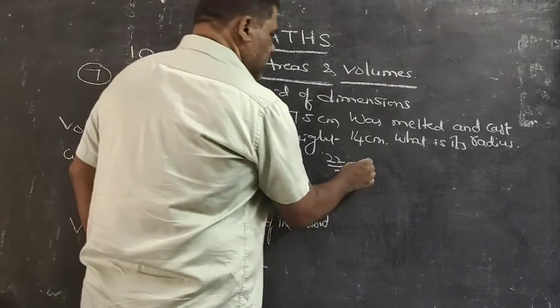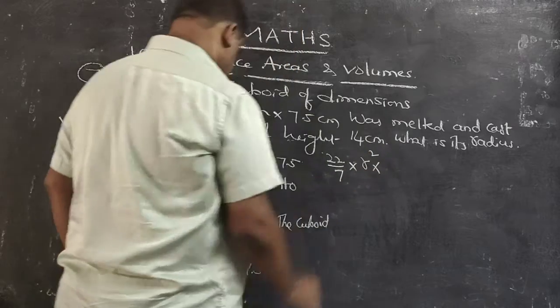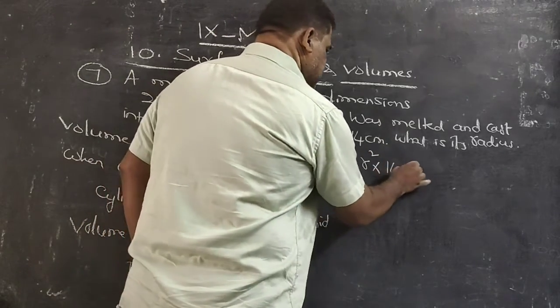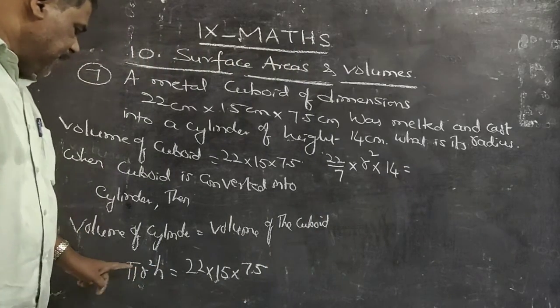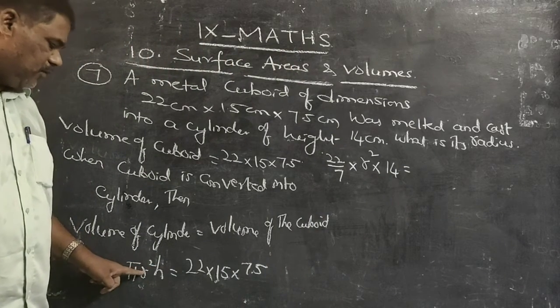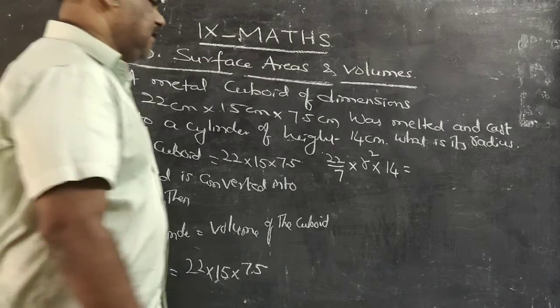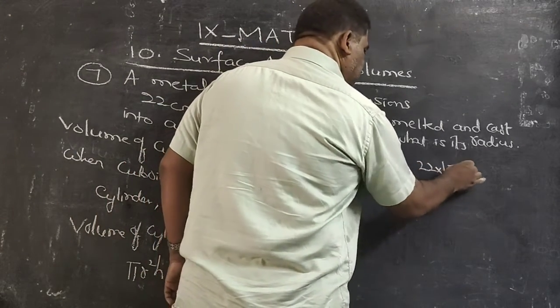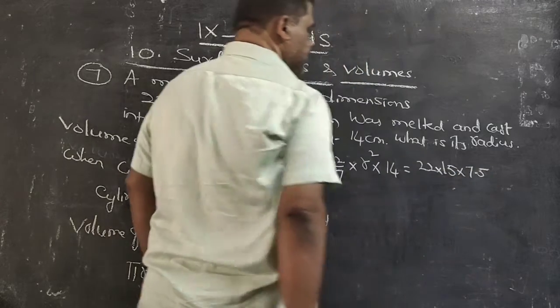This r square value we have to find. Height of the cylinder is given as 14 centimeters. So pi r square h: pi is 22 by 7, r we don't know, height is 14 centimeters, equal to 22 into 15 into 7.5.